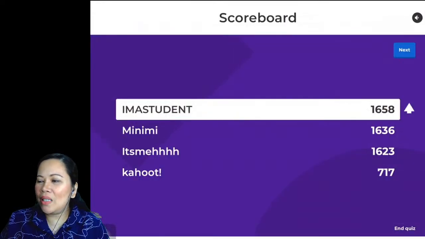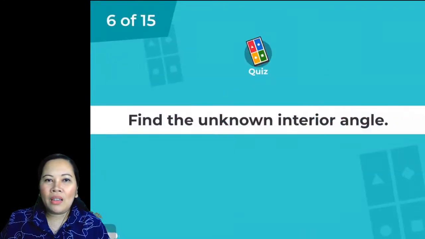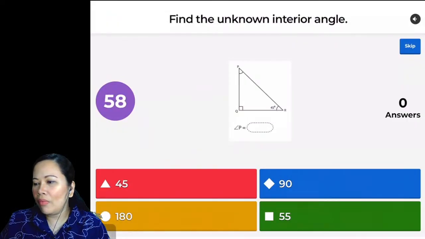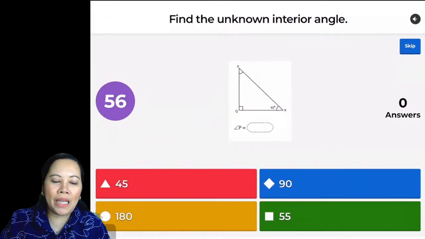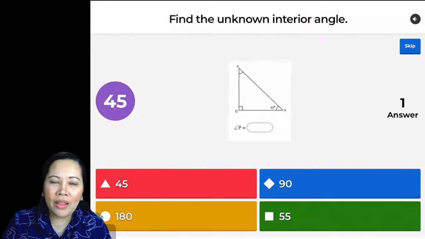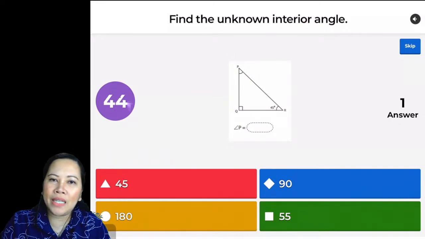I'm a student is up and running, followed by Mini-Me, and it's May, and then Kahoot. Find the unknown interior angle. You are looking for angle P. Remember, a square symbolizes 90 degrees.